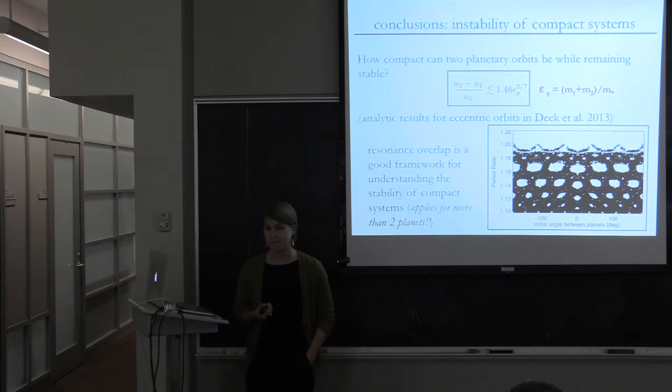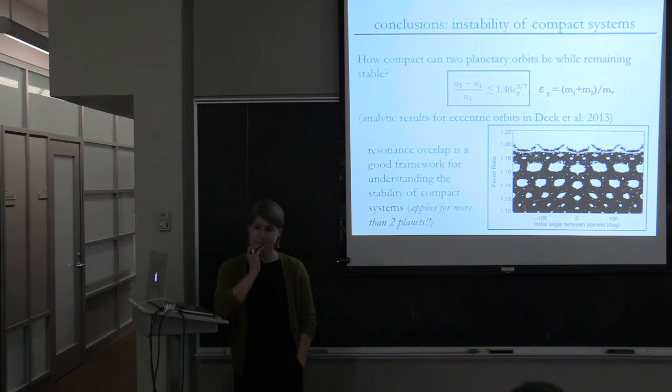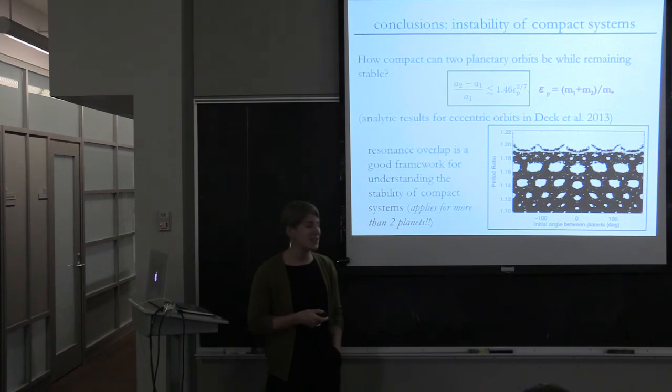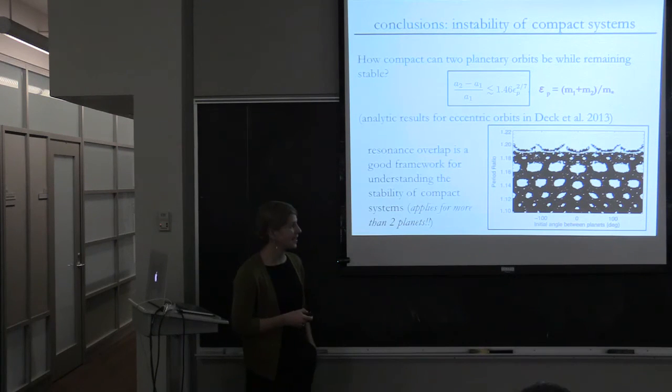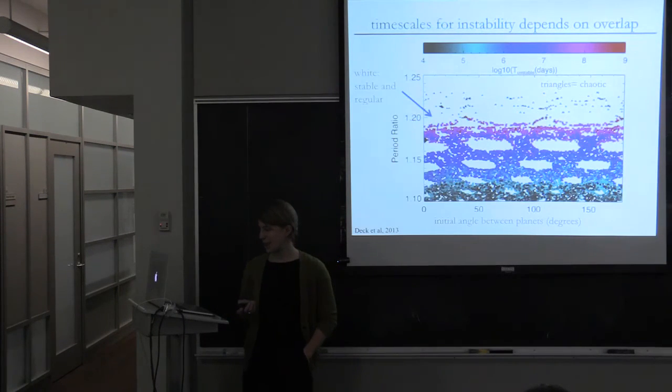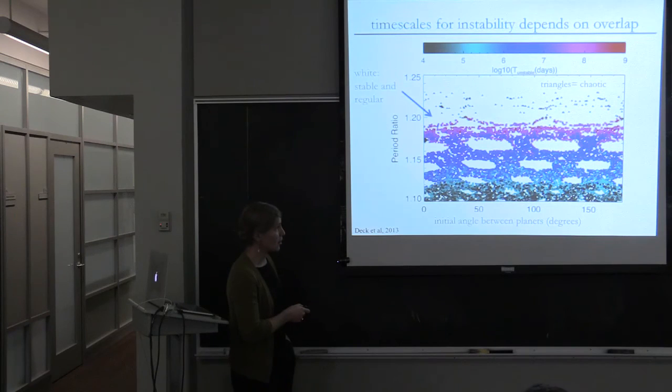So Kepler 36, your favorite, was in a 7 to 8, right? Or it's close to 7 to 6, yeah. So does that mean it's escaping this criterion because it's in one of these little holes? Or is it actually meeting it? So I will just go back to here. What this plot is showing is, on the same panel of period ratio and initial angle between planets, the color scale denotes the instability time.